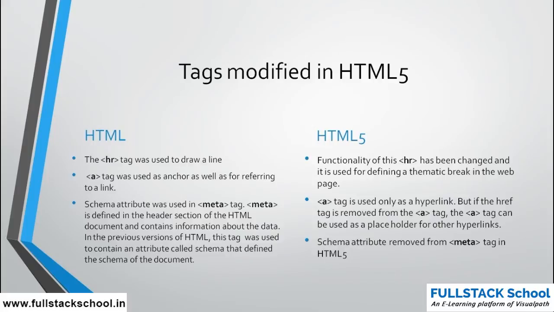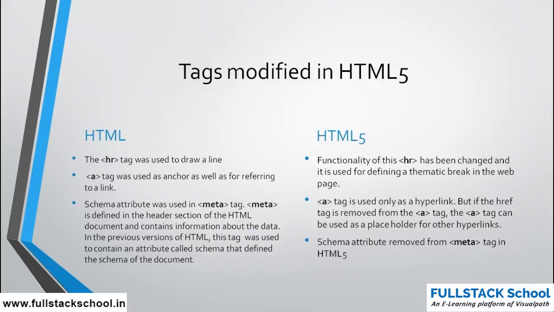The anchor tag in HTML4 is for referring to a link, but in HTML5 the anchor tag is used only as a hyperlink. But if the href attribute is removed, the A tag can be used as a placeholder for a hyperlink.